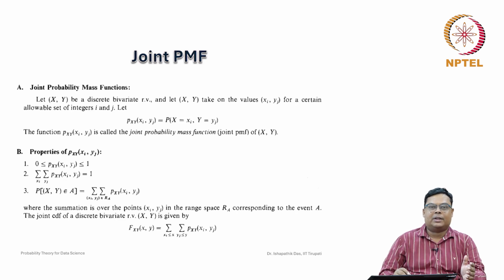Analogous to the univariate case, whenever X is a univariate discrete random variable, then we discuss the probability mass function. The probability mass function is the probability at a point X equal to x_i.